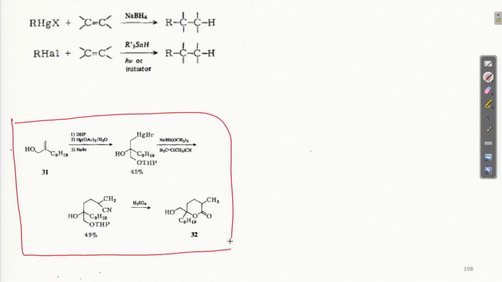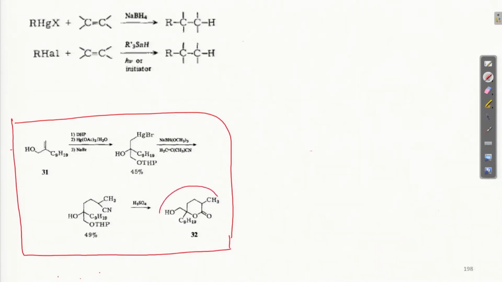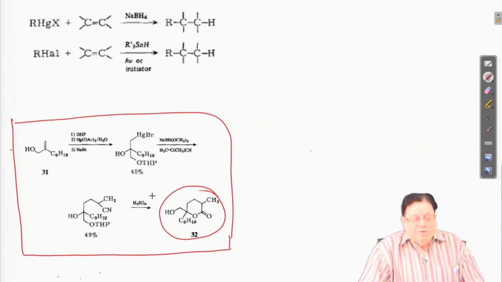One is, sorry, it is an allyl, it is here. Let me utilize this slide. So, look at this, what is depicted here. This is the synthesis of an antibiotic lactone, a very small molecule, with the help of carbon-carbon bond forming reactions under radical conditions.